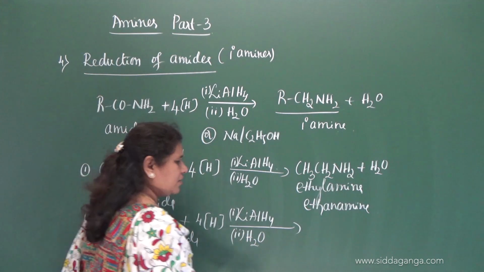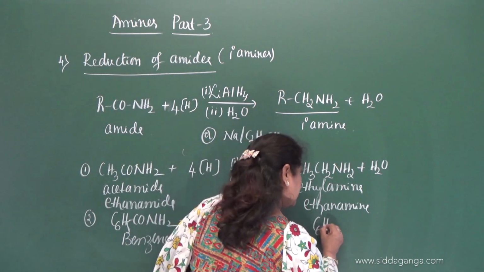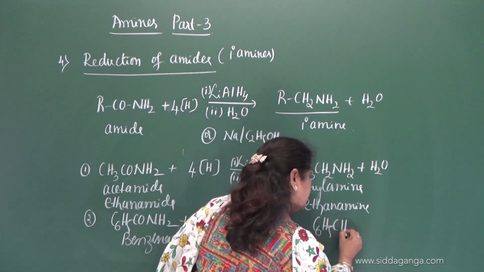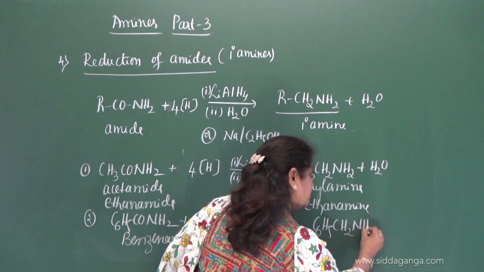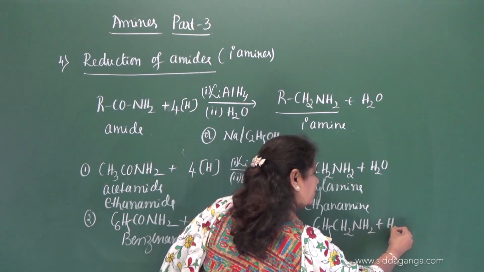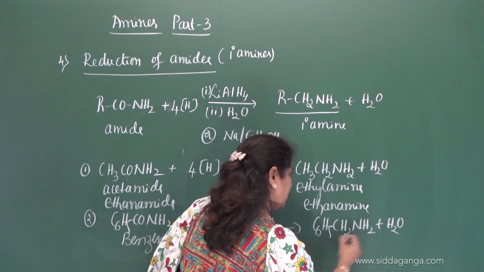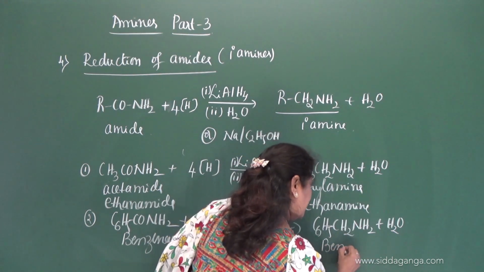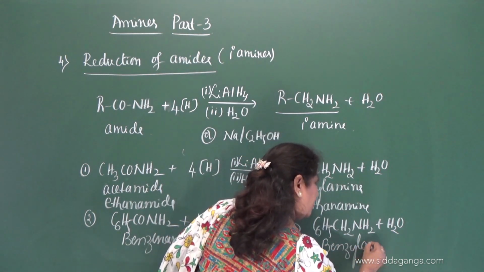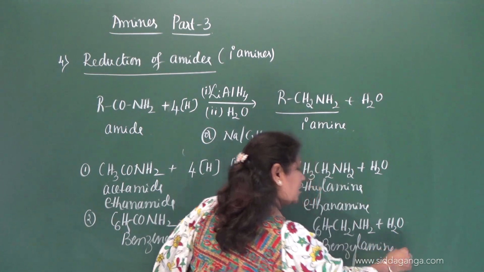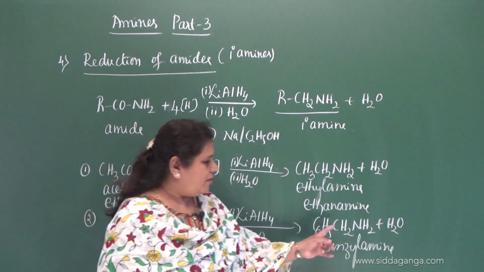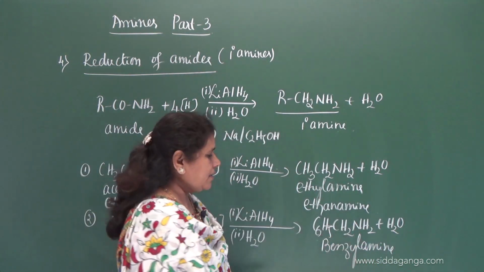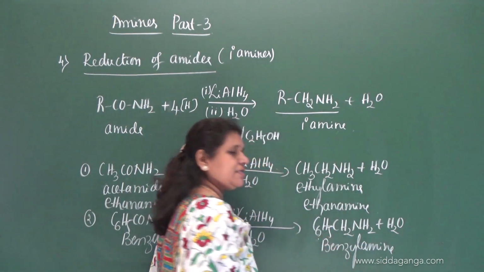So what you get? You'll get C6H5CH2NH2 with the formation of water. So here it is benzyl amine, or you can say phenyl methanamine is the IUPAC name, or benzyl amine.